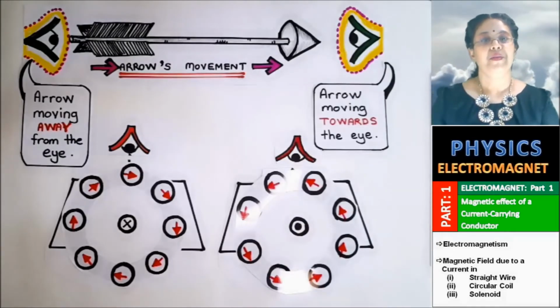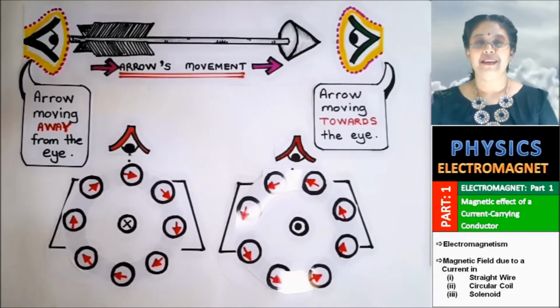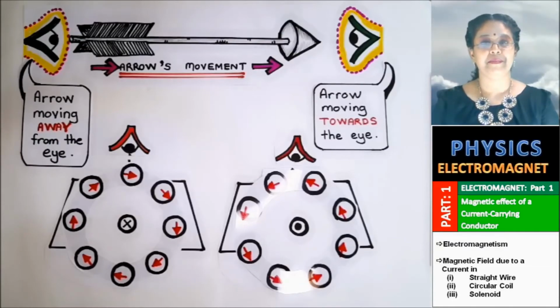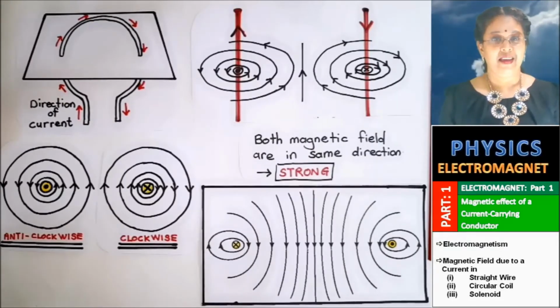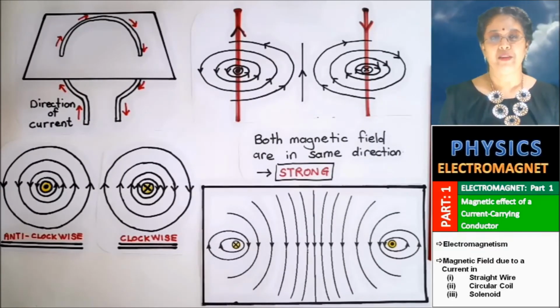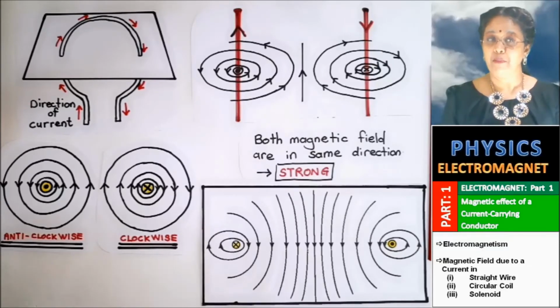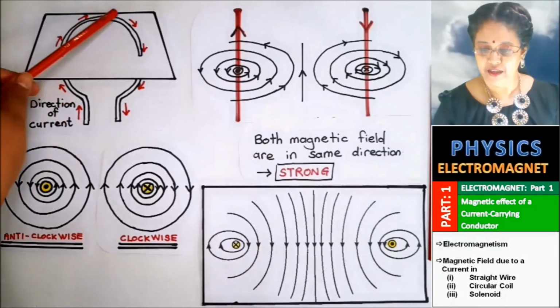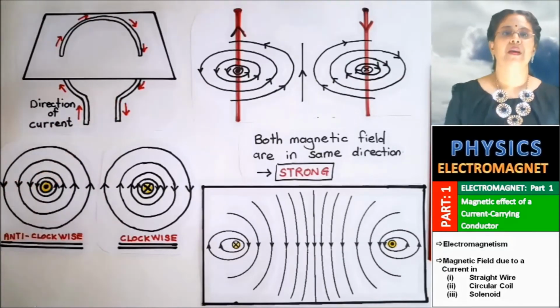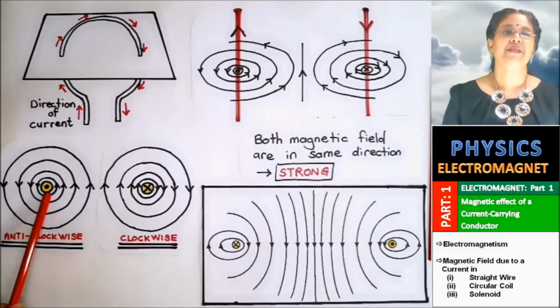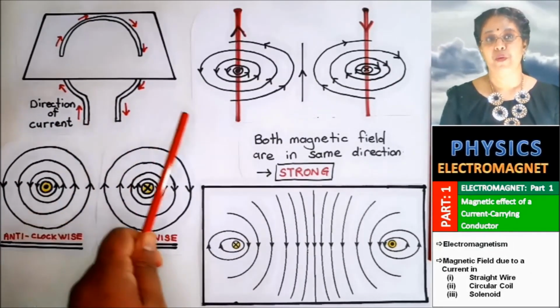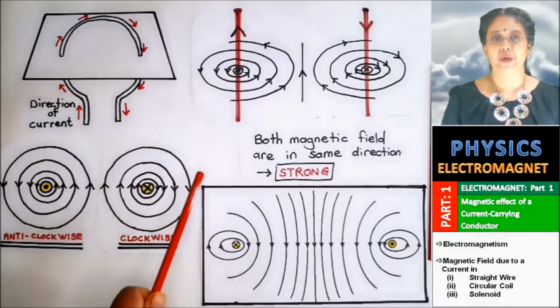Alright, so next we are going to learn circular coil. Here you can see two straight wires, one carrying current upward and the other downward. Here is a drawing that shows the top view of a circular coil.